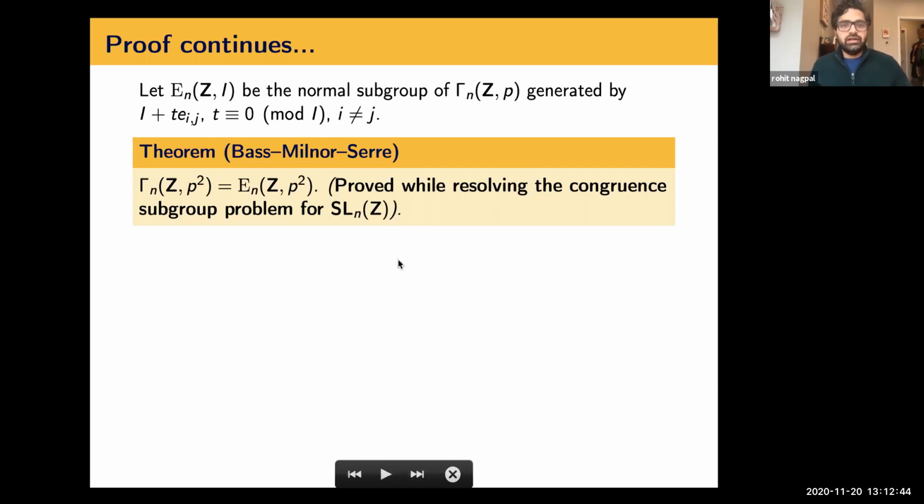So we should think of this result as saying that the congruence subgroup contains enough elementary matrices. And using this, it's pretty easy to finish the proof.